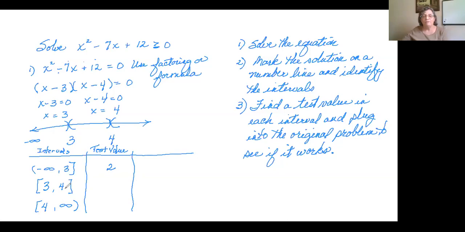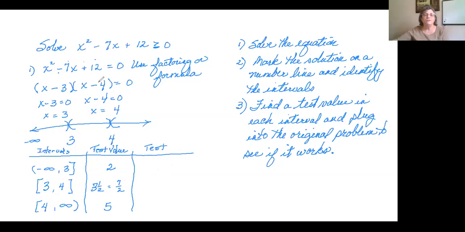Something between 3 and 4, so 3.5, which I could write as 7/2, which would probably be easier to plug in than 3.5. And then something bigger than 4 would be 5. And then run the test.